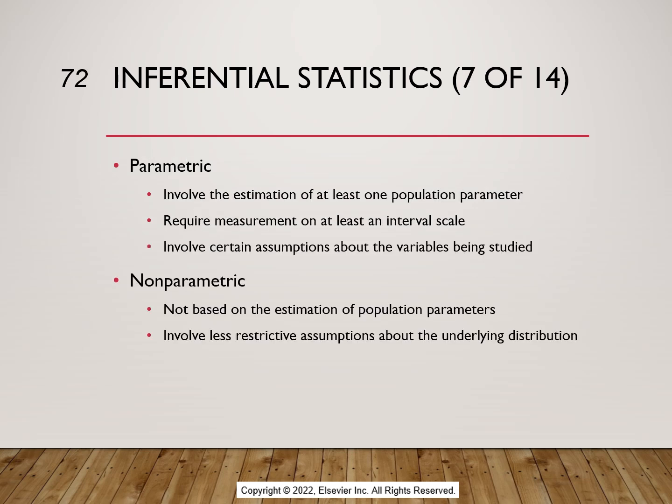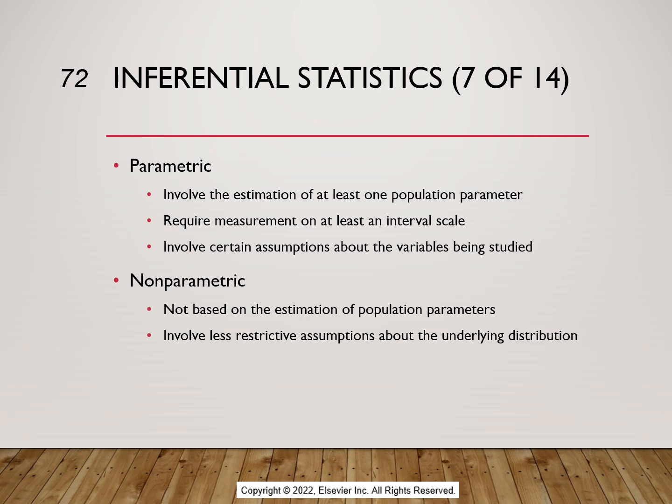Other terms that you should be familiar with are parametric and non-parametric analyses. Parametric analyses are done when the data are normally distributed. Non-parametric analyses are done when the data are not normally distributed.